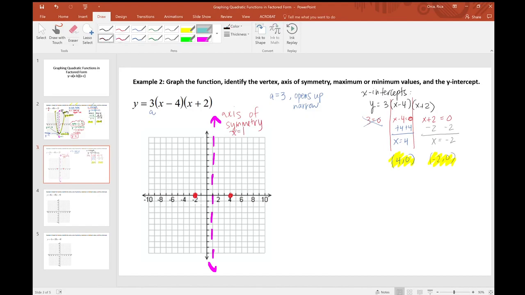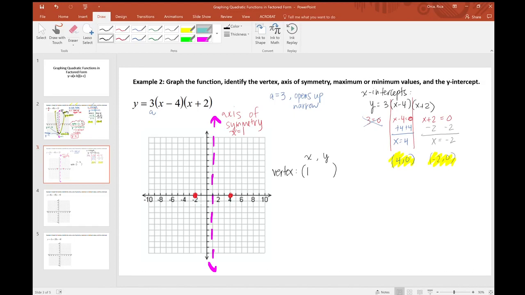To find the vertex, we're going to use the fact that x equals 1, and we're going to plug it into our function. So our vertex needs an x and y value. The x value came from our axis of symmetry. I know that the vertex is going to fall somewhere along my axis of symmetry.